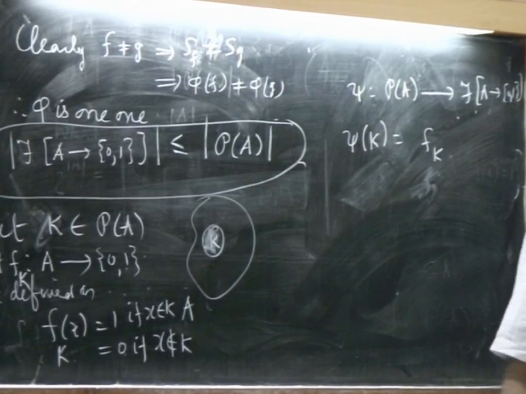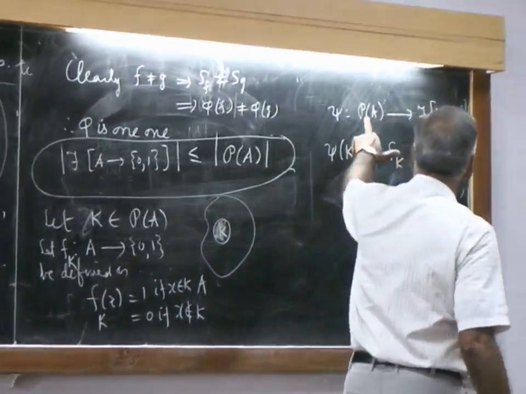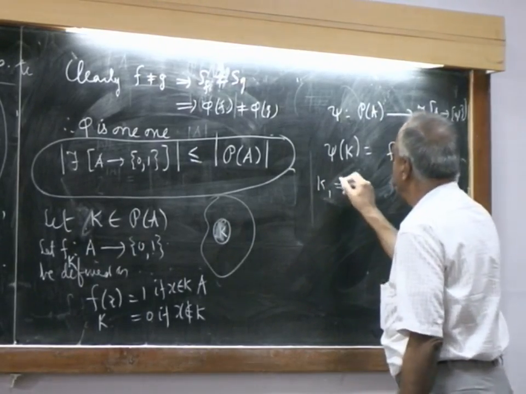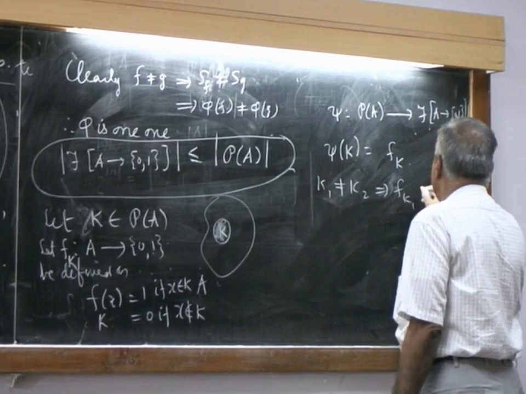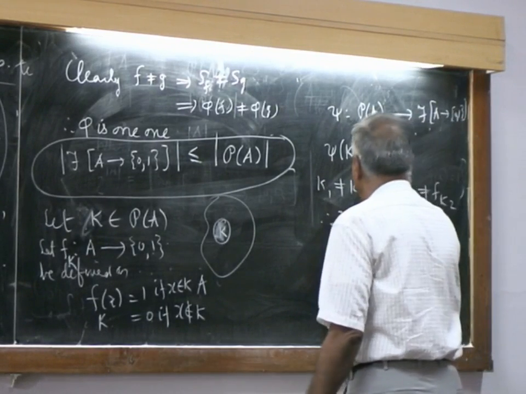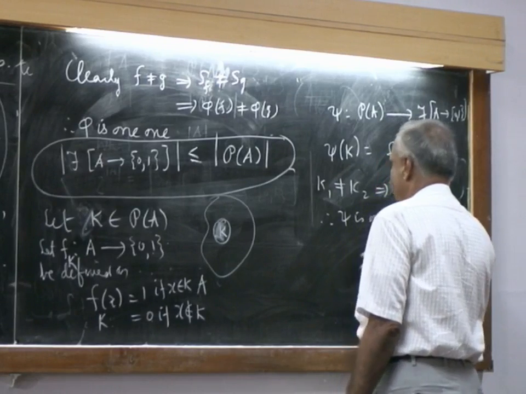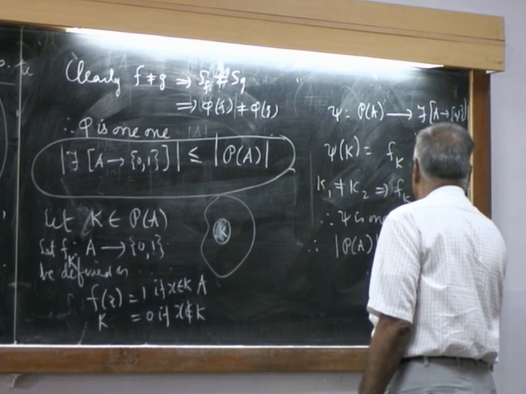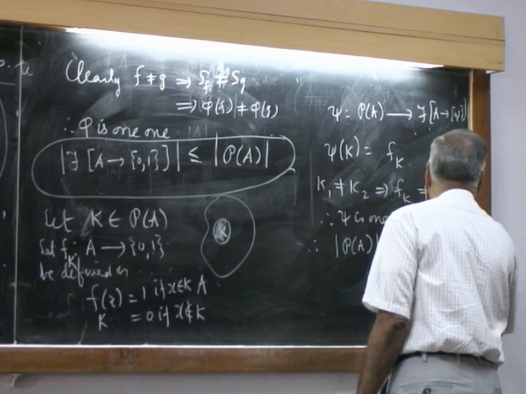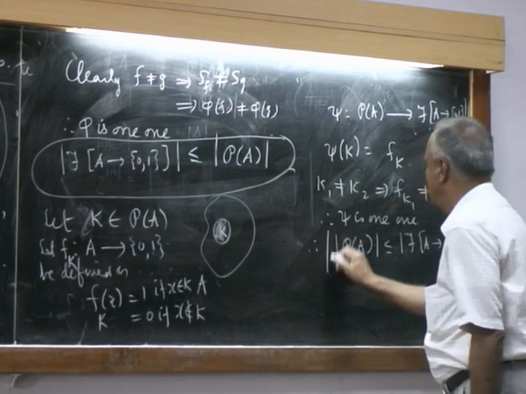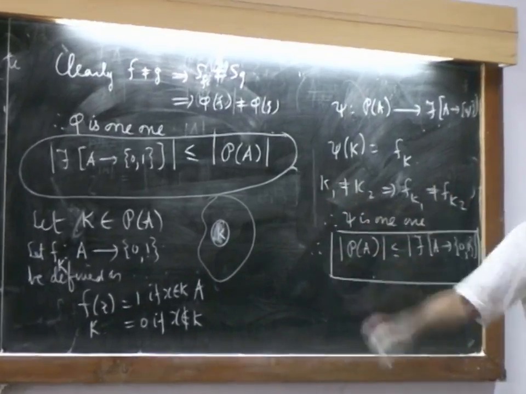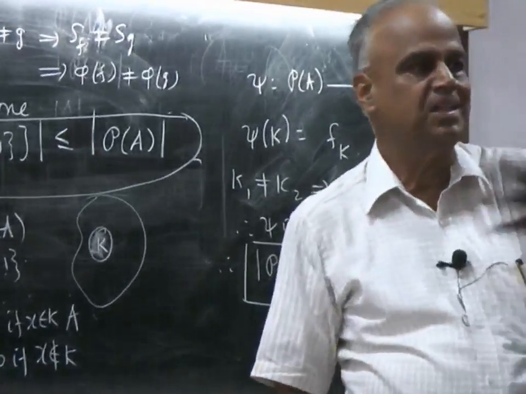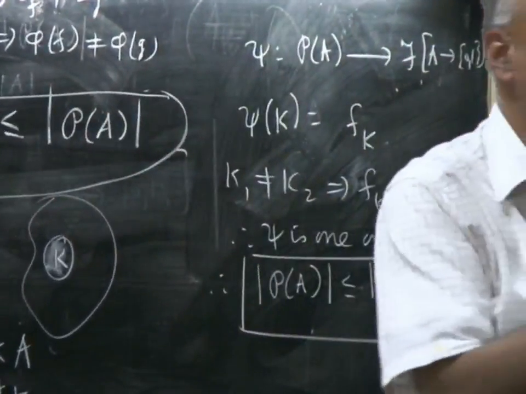Now what can you say about this psi? Different sets will now go to different functions. So K1 not equal to K2 implies F_K1 not equal to F_K2, therefore psi is 1-1, and therefore the size of P(A) must be less than or equal to the size of F. So we have got the two inequalities, and now the Schroeder-Bernstein theorem says that when the cardinality of one is less than or equal to the other and vice versa, they must be isomorphic.